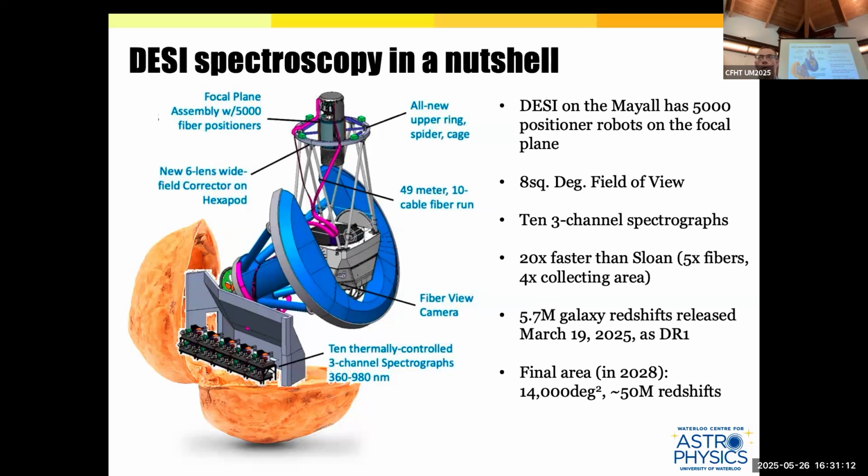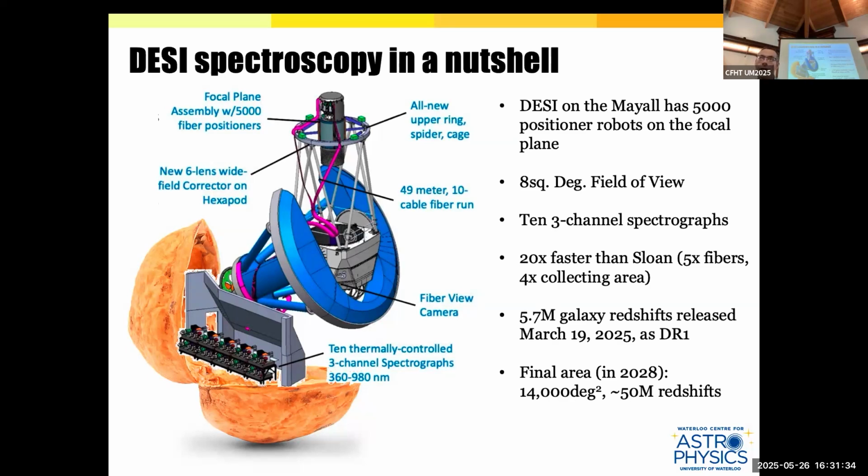That means that what the spectroscopic survey we could do with the Sloan telescope in 5 years, DESI can do in 3 months. So this is a huge leap forwards. It's one of those times in your life which you realize you spent 5 years working on something, and now you can do it in just 3 months, which is just amazing.